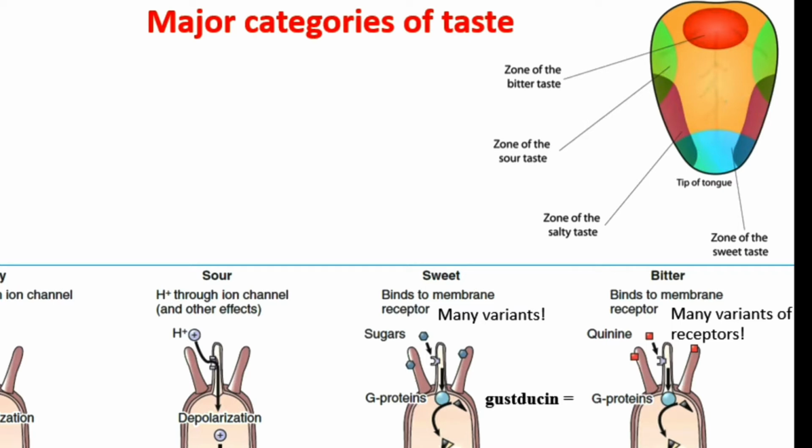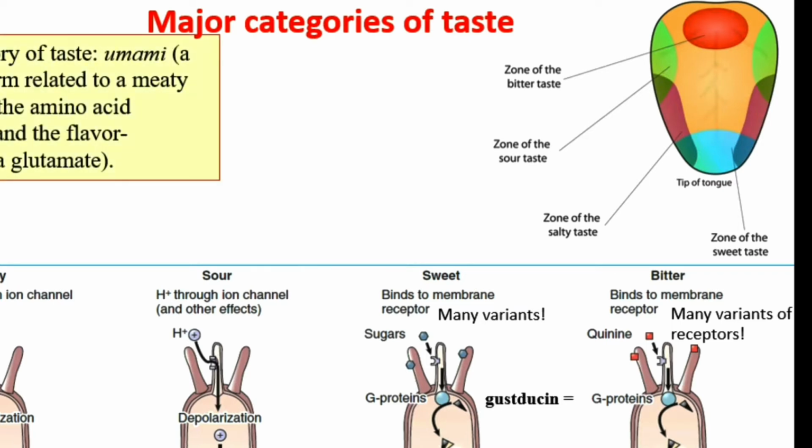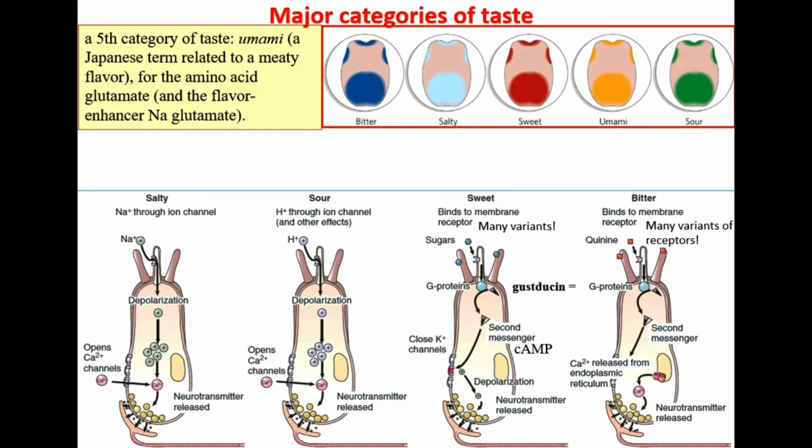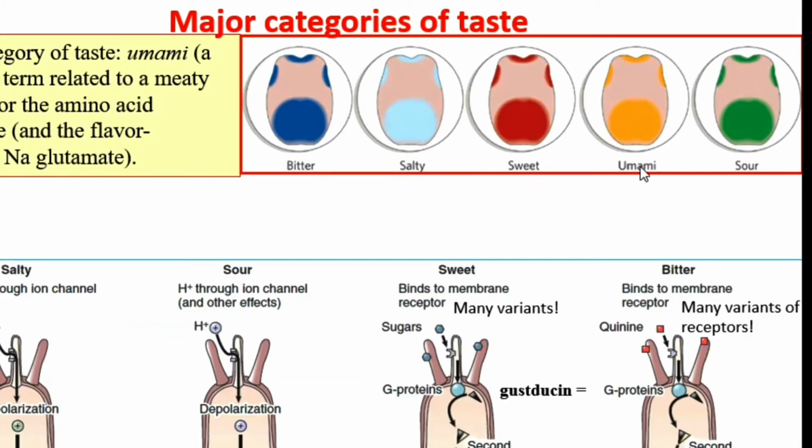But modern physiology tells that, first of all, there is a fifth category of taste, which is umami, which is the taste of being tasty, related to meaty flavor. It is for the amino acid glutamate, and the flavor enhancer is monosodium glutamate. Another point in the new physiology is that bitter, salty, sweet, umami, and sour can all be felt in any part of the tongue, but the density of these receptors is different.